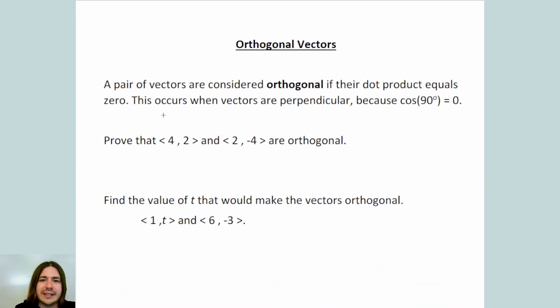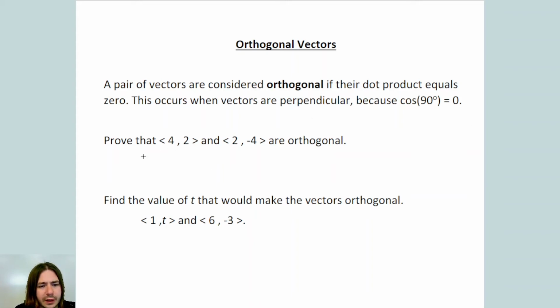So if we want to test to see if two vectors are perpendicular or orthogonal, we need to make sure that the dot product is 0. If the dot product is 0, then that means that we have a situation where we have cosine of 90, which will essentially prove that the two vectors are orthogonal.